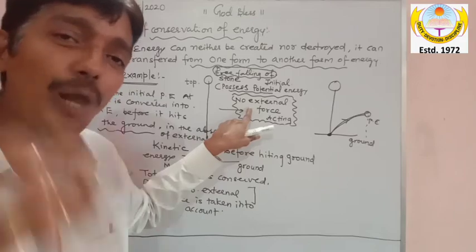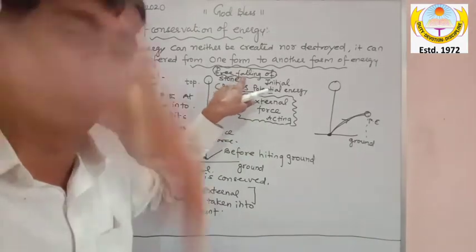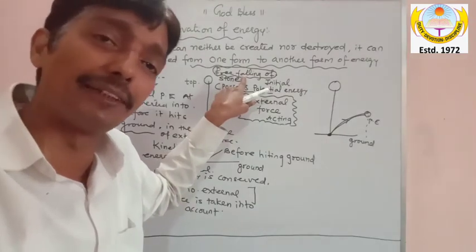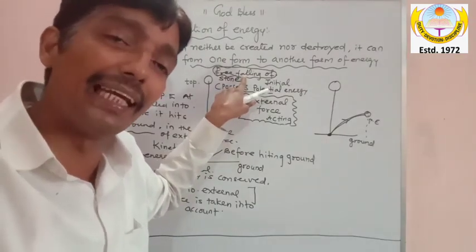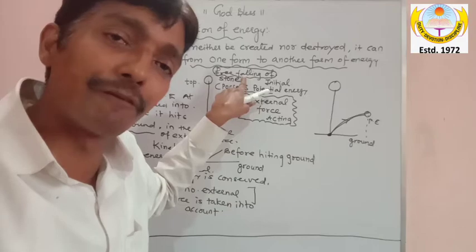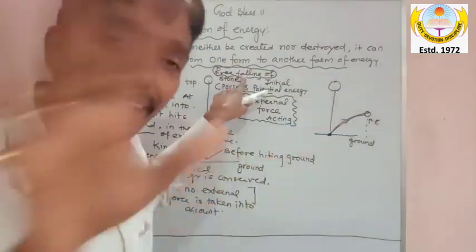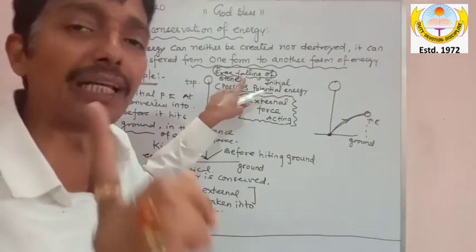It means the body has free fall, right? Free fall means once it is dropped from the top, once it is released from the top, when it starts coming down, there will be no other force, no air resistance, no ground force acting on it.